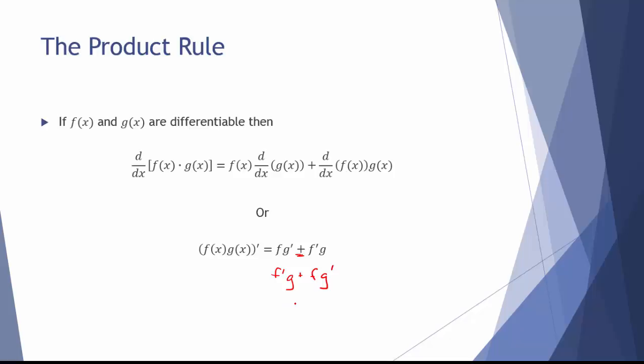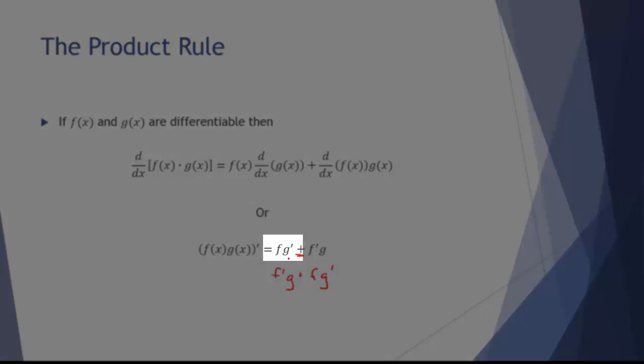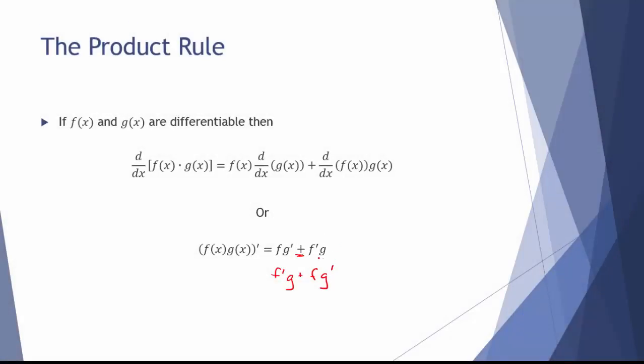But when you're looking to take the derivative of the product of two functions, what this will boil down to is you will have two terms being added together. In the first term, you need one of the functions times the derivative of the other one. And in the second term, you need to change which original function appears and put in the derivative of the other. Order is a little interchangeable here.